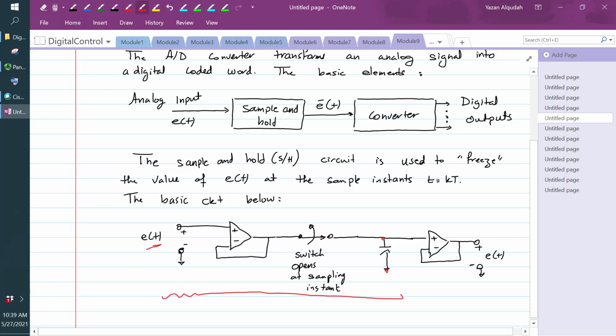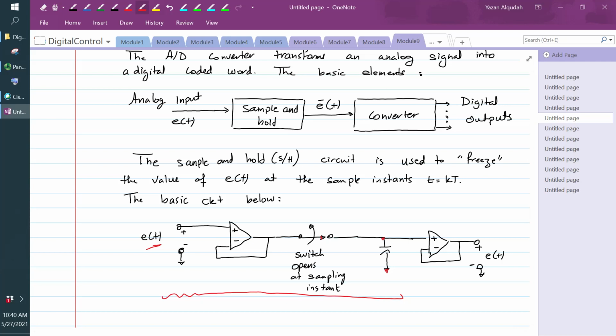So if the switch is closed, I will be tracking whatever voltage is applied at the input. If the switch is opened, then this capacitor is going to maintain the last value that it had on it. It will maintain the value of the input before the switch was opened, and therefore it's going to hold that value till the switch is closed again.